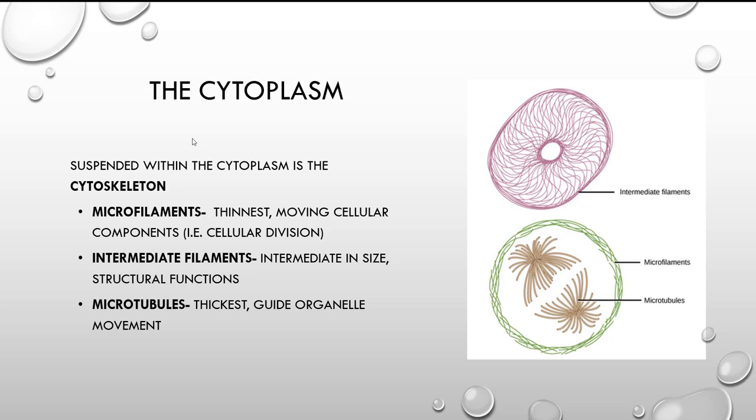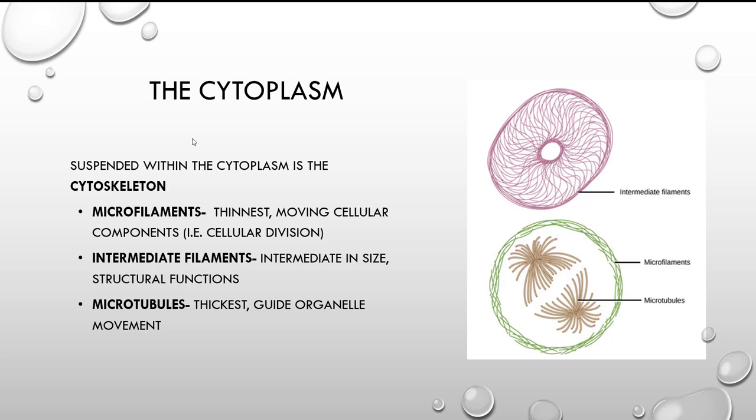The cell cytoskeleton has three components: microfilaments, intermediate filaments, and microtubules. These are ranked from smallest to biggest. Microfilaments are the thinnest, intermediate filaments are intermediate in size, and microtubules are the thickest. The microfilaments help move cellular components. For example, in cellular division, they make up the mitotic spindle and stuff like that.